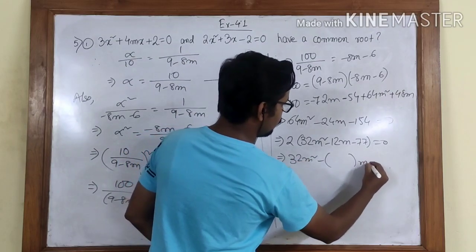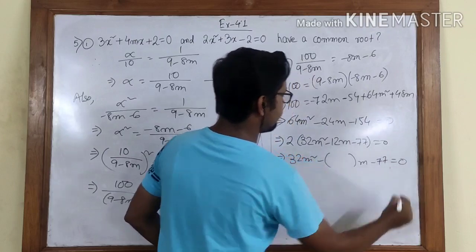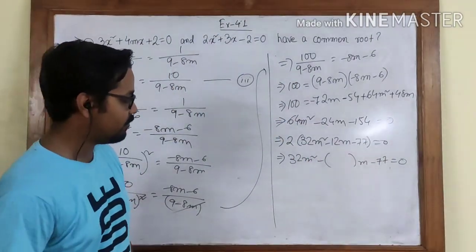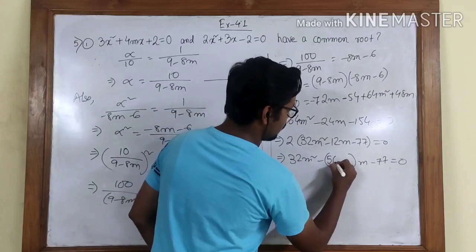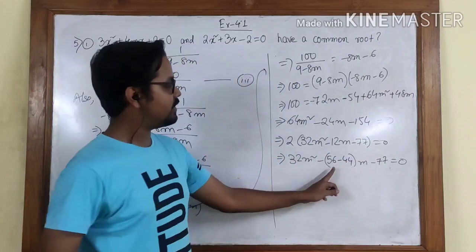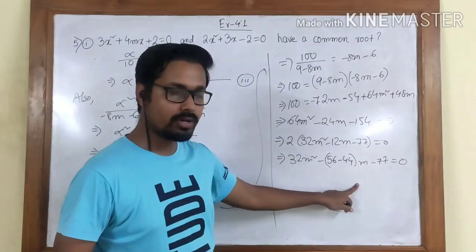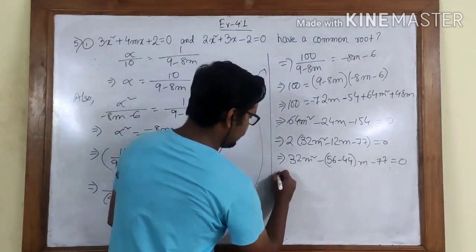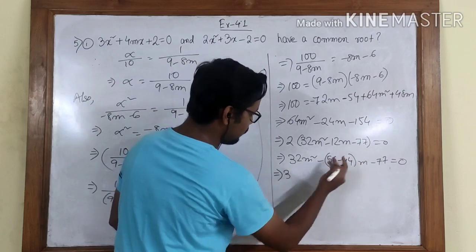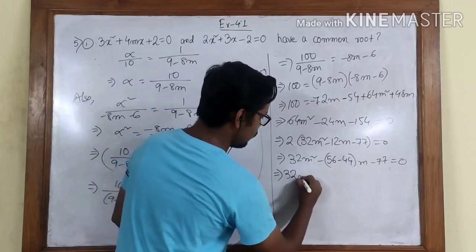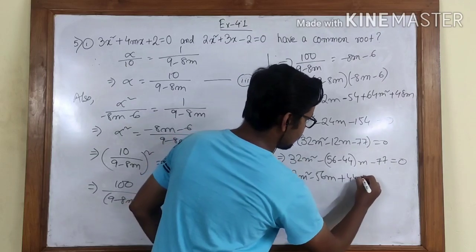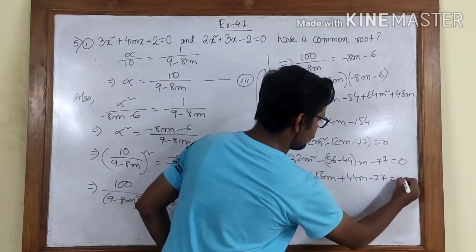So it is 32m square. For 12 I have to do one middle term factorization. So it will be 56 minus 44. You can check it out. 56 into 44 is also equal to 32 into 77. So by cross multiplying, by middle term factorization, 32m square minus 56m plus 44m minus 77 equal to 0.